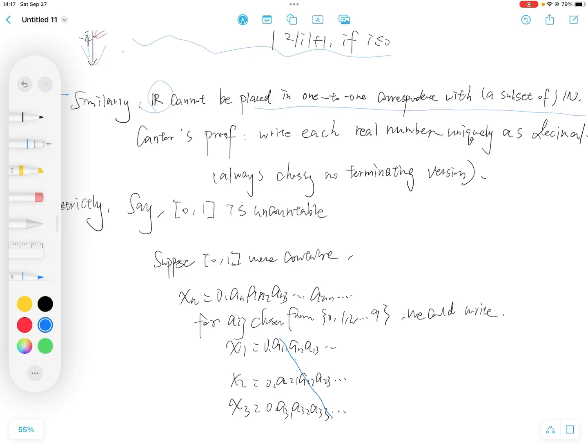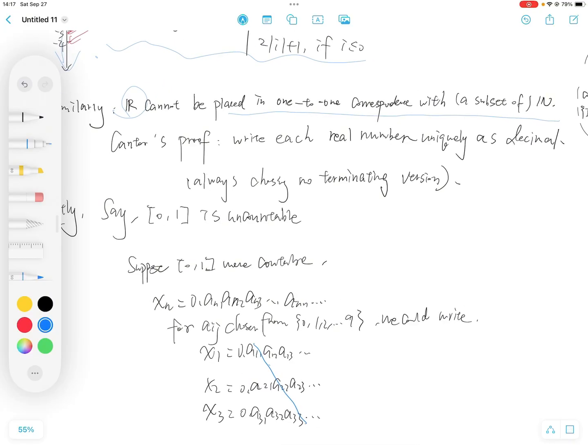Cantor is a very genius, very intelligent mathematician, and he's really a genius that no one can understand. But his creativity is very powerful and interesting. Now let's understand his idea.